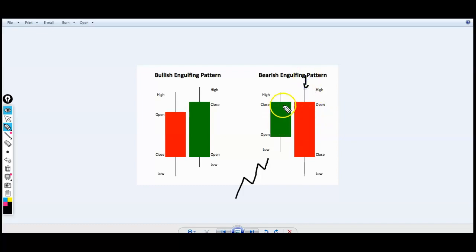As long as the body of this bar or the series of bars is engulfed by the next bar, then it is a qualifying engulfing bar. Sometimes it might be two or more candles on the left side that are engulfed. So once we see that, that's one of our signals.